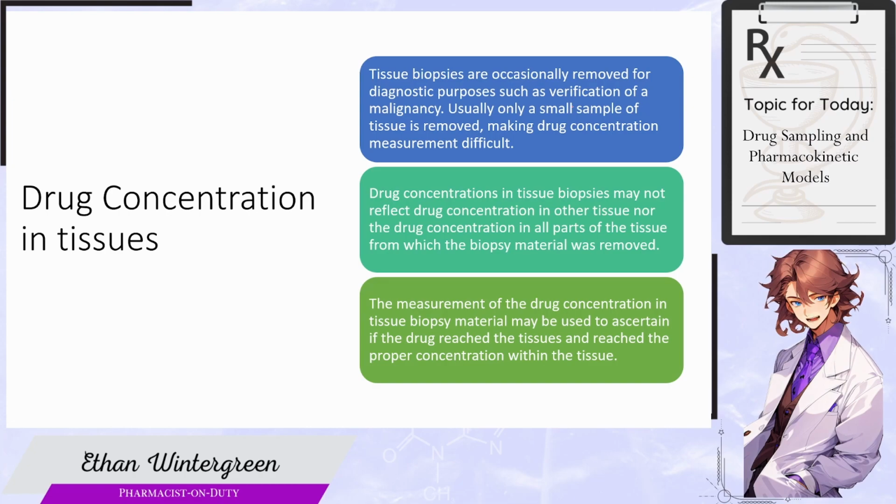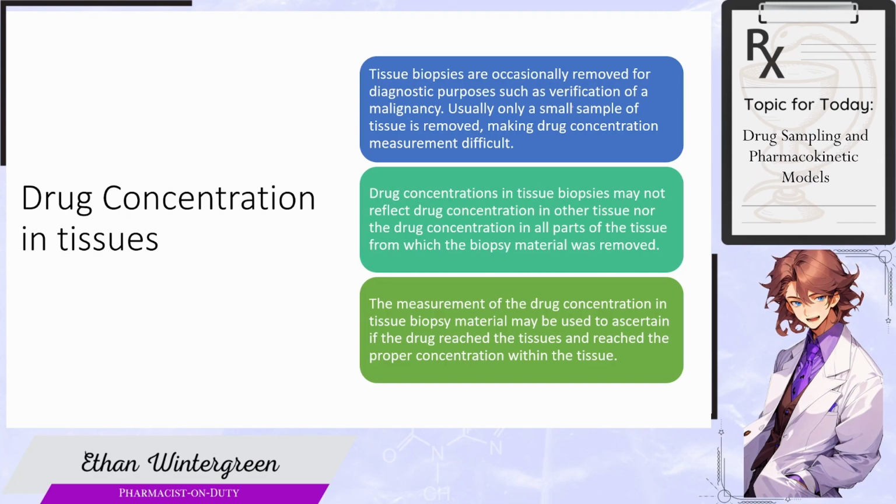Drug concentrations in the tissues may not be reflective of other tissues. So take for example, breast tissue may not have the same amount of drug as in other parts of the body. And the measure of drug concentration in the tissue biopsy material may be used to ascertain if the drug reached the tissues and reached the proper concentration within the tissues.